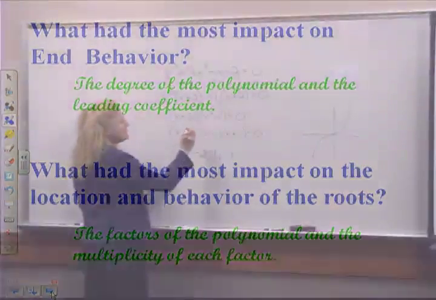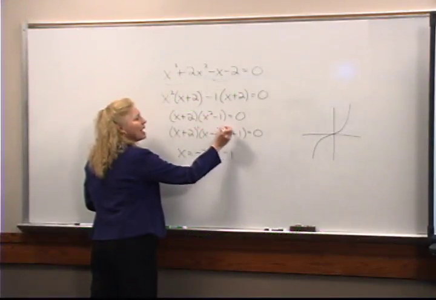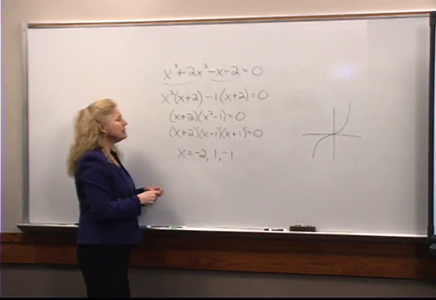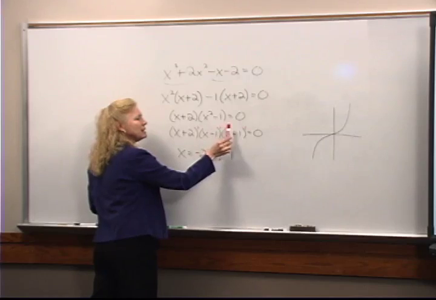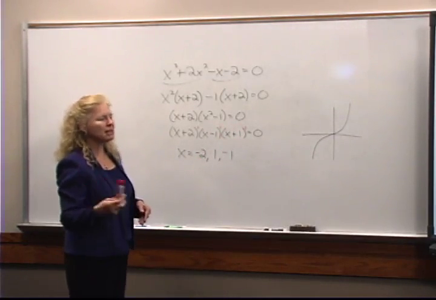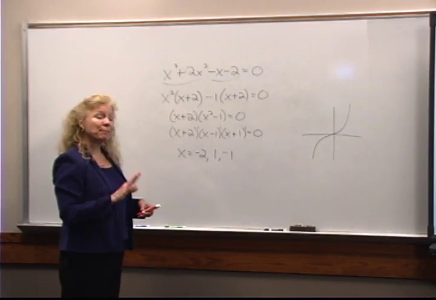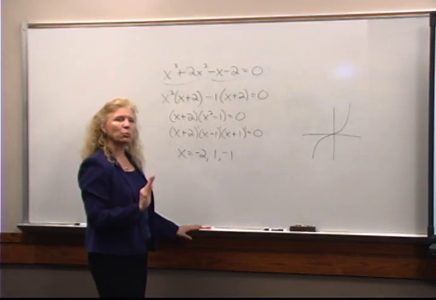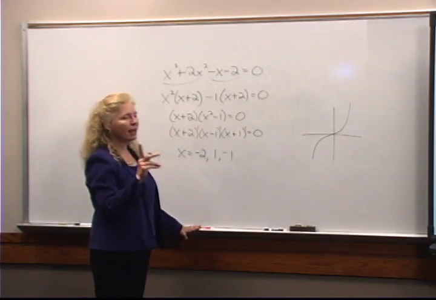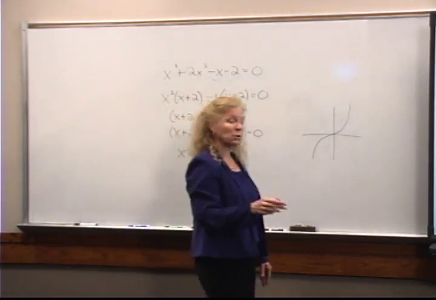Well, the multiplicity is the exponent on that particular factor. In this case, each of these had a multiplicity of 1. Now, you'll see other multiplicities in later examples, and what that basically meant was that we went right on through the axis each time. And we'll add to this information as we go.